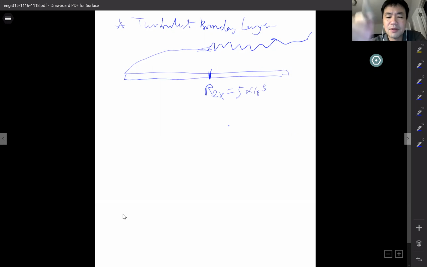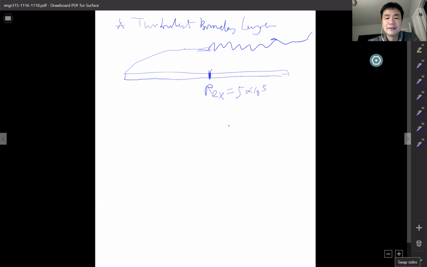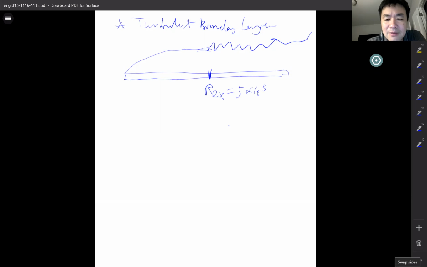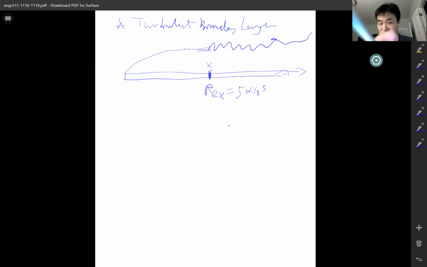Local Reynolds number equal to 5 by 10 to the 5 is the critical Reynolds number. Sometimes in some applications it might differ from 5 by 10 to the 5, but most of the time that's what we treat as the critical Reynolds number. Before that location x is laminar boundary layer. After this location, it becomes turbulent boundary layer. So all the turbulent boundary layers actually include a laminar portion at the beginning.